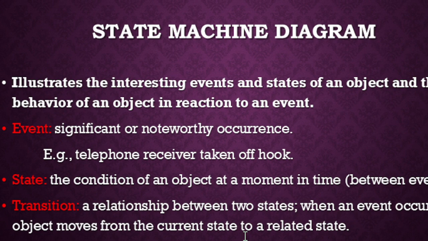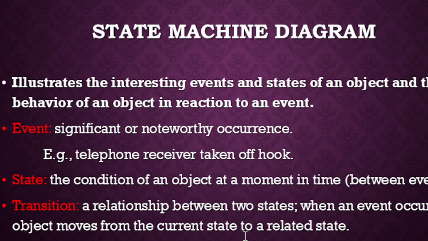For example, in an ATM machine there are certain events. If we go for a cash withdrawal, the event happens and the ATM machine has to respond. The ATM machine has to validate the user and the card, and obviously the ATM has to respond according to the given event.